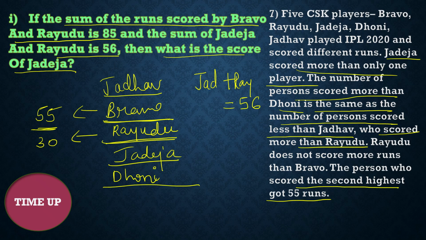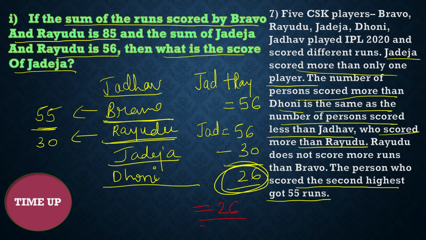Raidu we have 30. So we can find the score of Jadeja, correct? 56 minus 30. So it will be 26, correct? So Jadeja's score is how much? 26. 26 is the correct answer. The run scored by Jadeja will be 26.